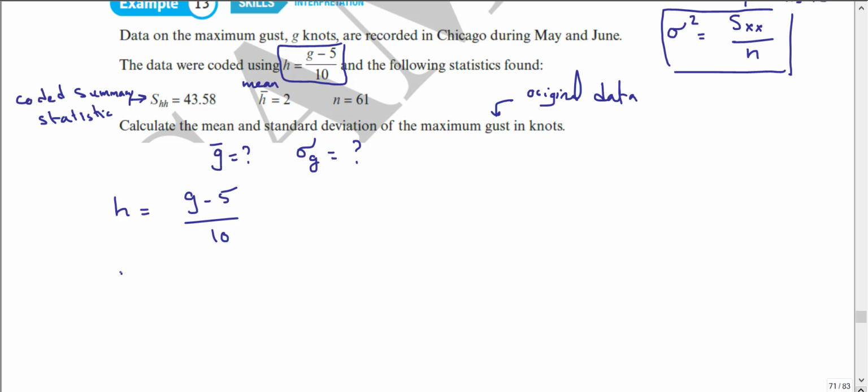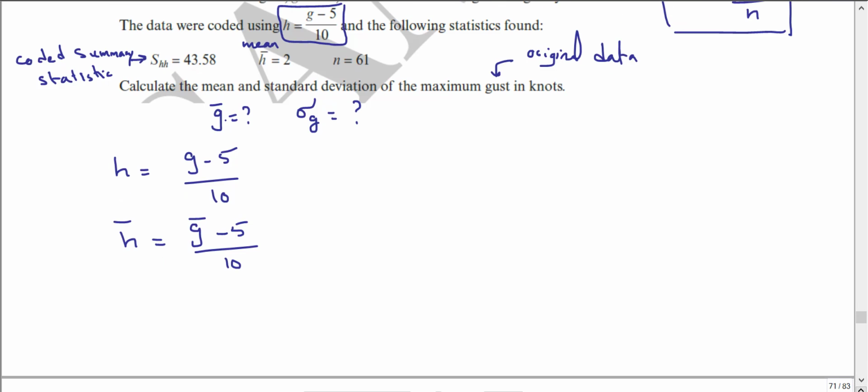So if you want the mean, you write the same rule but with bar. H bar equal G bar minus 5 divide 10. Because we wanted G bar, the mean of the original. H bar is given, which is 2. So 2 equal G bar, which is unknown, minus 5 over 10. To solve this, just cross multiply.